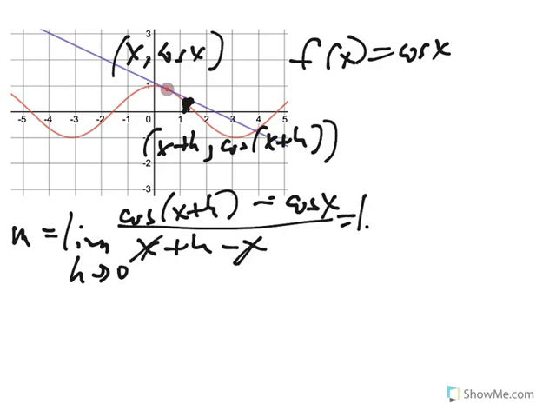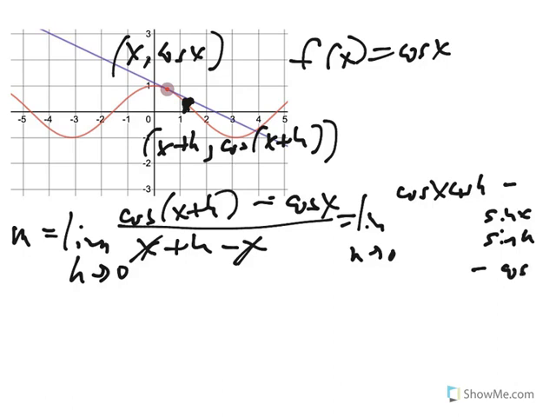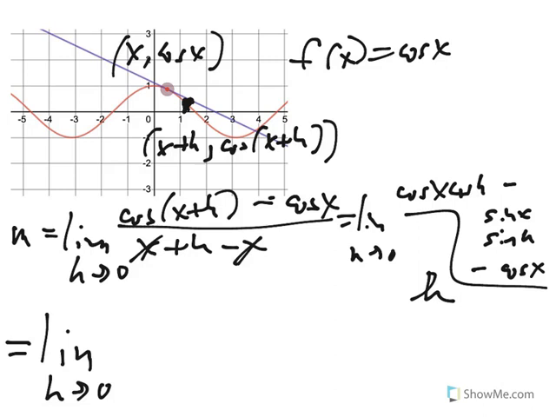We need to expand. Let's say limit h goes to 0. Cosine is cosine x cosine h minus sine x sine h. Then I have minus cosine x. Okay, I think we get to the same trick as before.